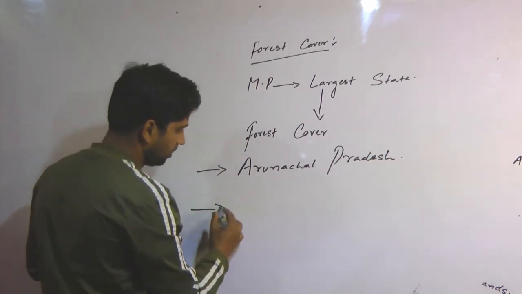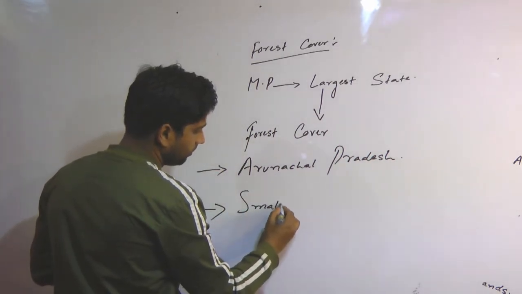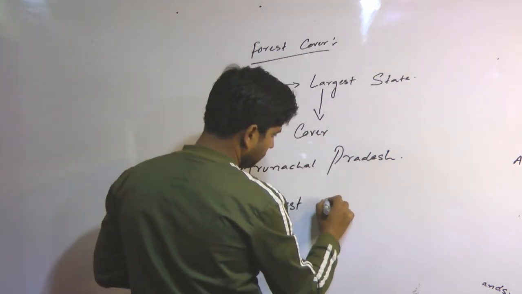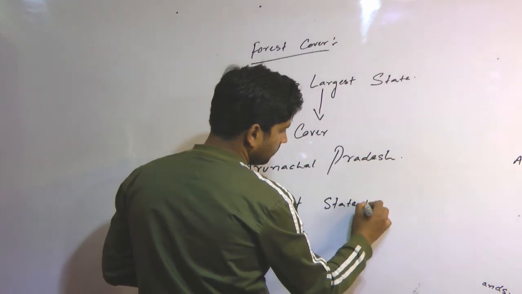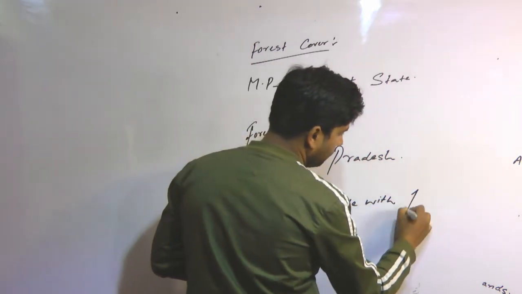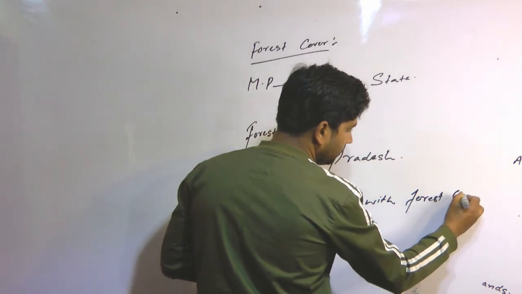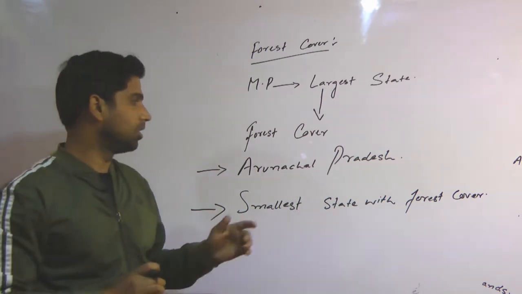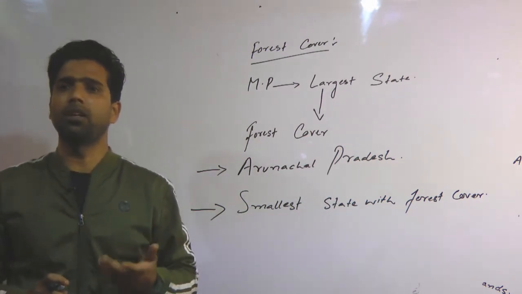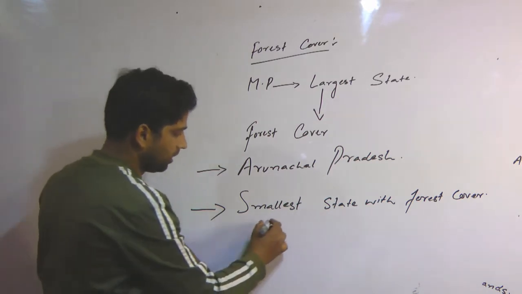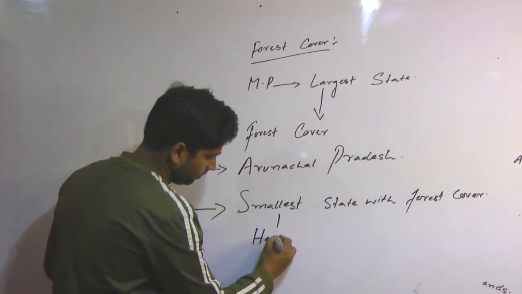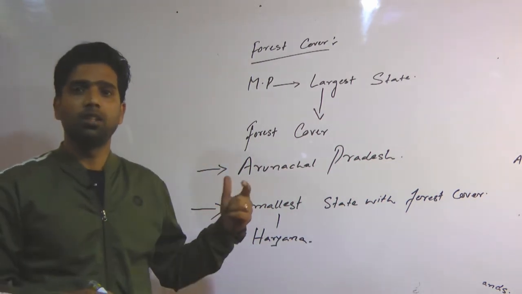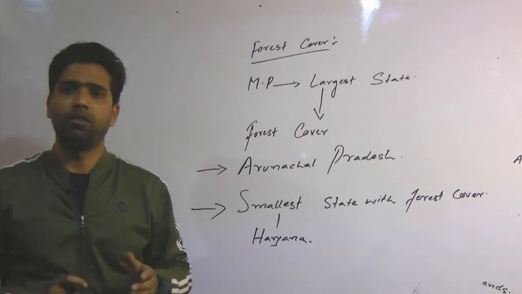And the smallest state with forest cover: the state which covers minimum area under forests is Haryana. Haryana is the state of India which has the smallest area under forest cover.